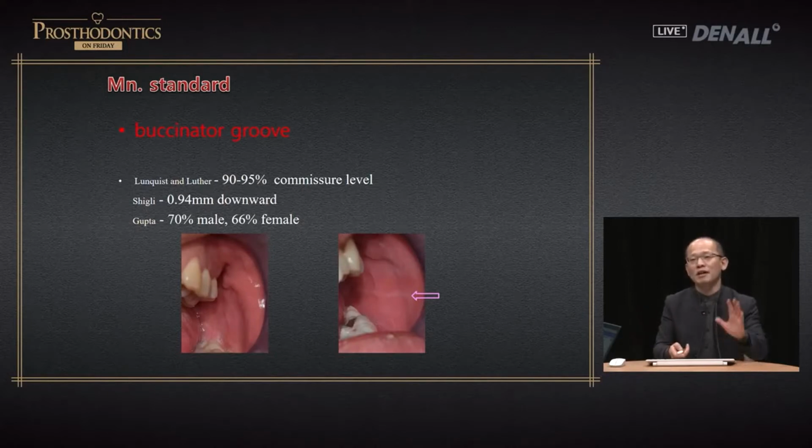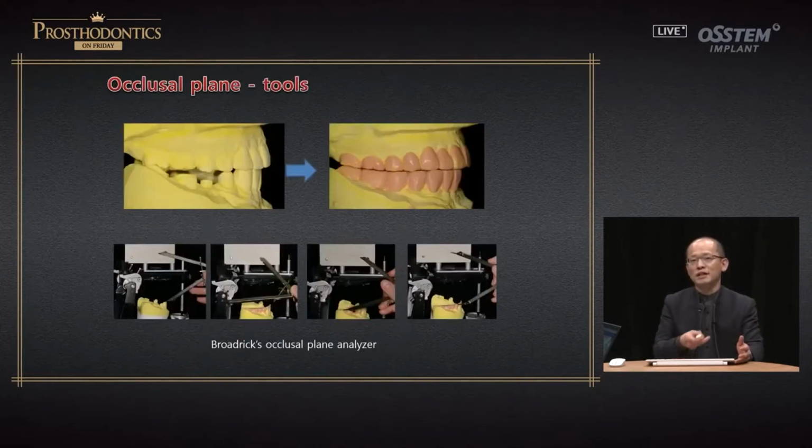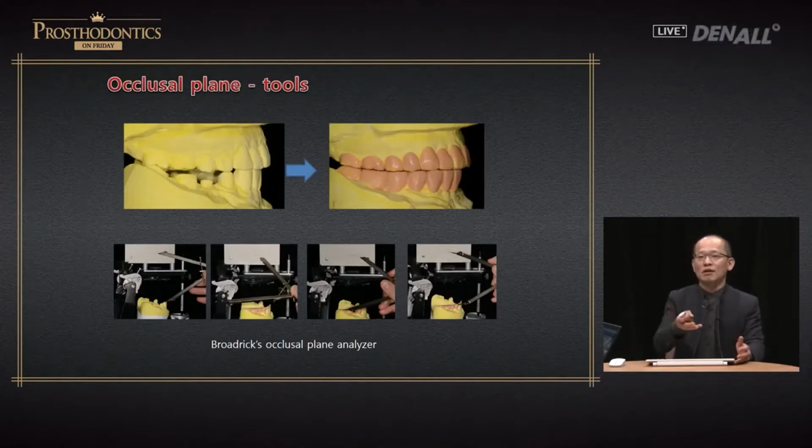So as I said, again, it's not one stat or one thing that solves everything. All the different indices and standards need to be pulled together to help you get the answer on how to restore the occlusal plane. So there are tools you could use.